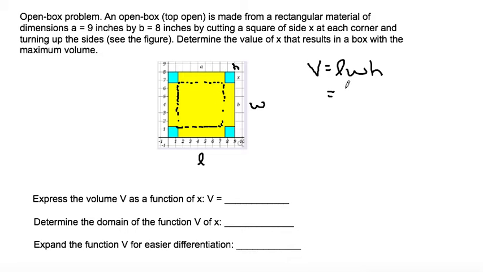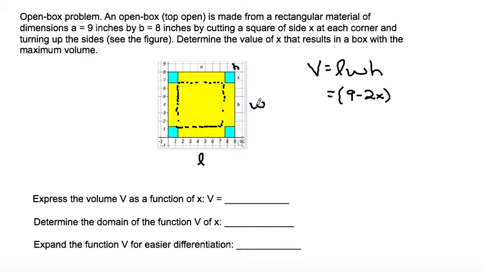So it'd be a length of 9 in total, but we have to subtract out 2 X's to give us this length without the part that gets folded up. So that's our value of L.